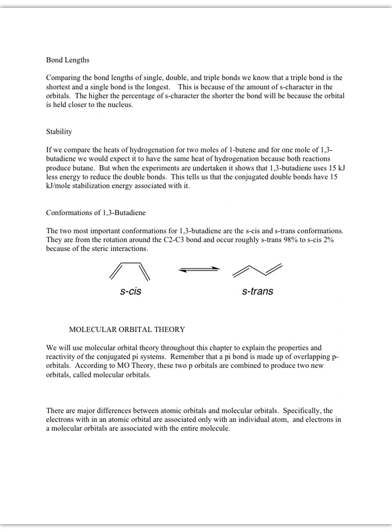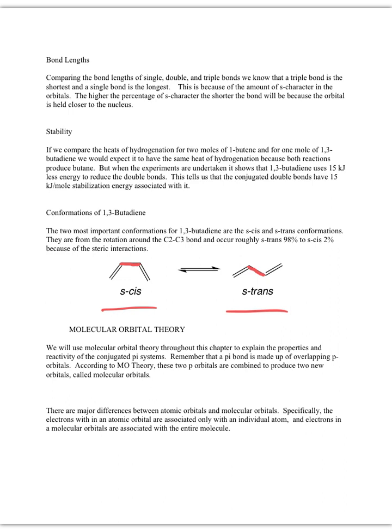For conformations of 1,3-butadiene, we have either the s-cis or the s-trans configuration, where it's either cis across the single bond between the two double bonds, or trans across the single bond.